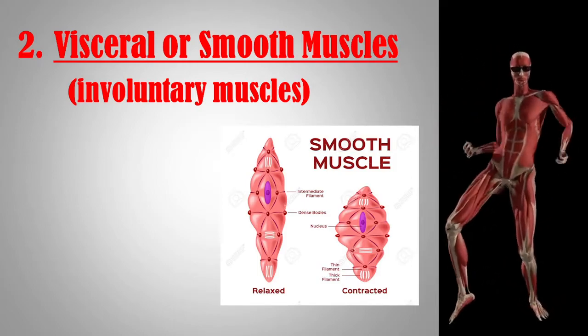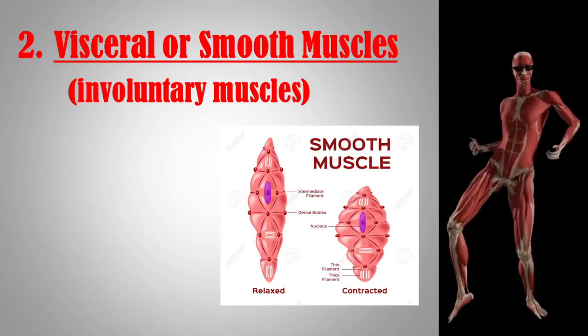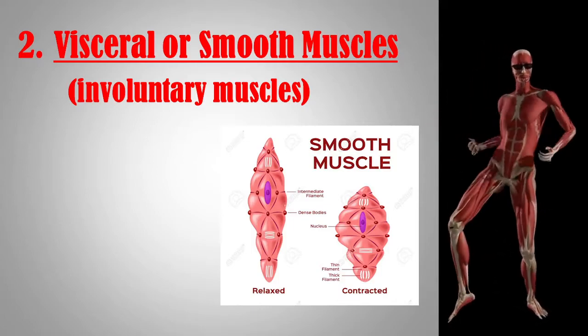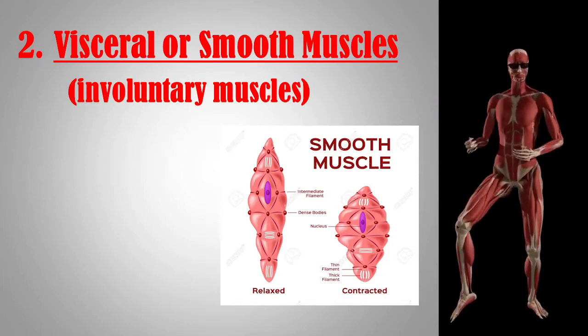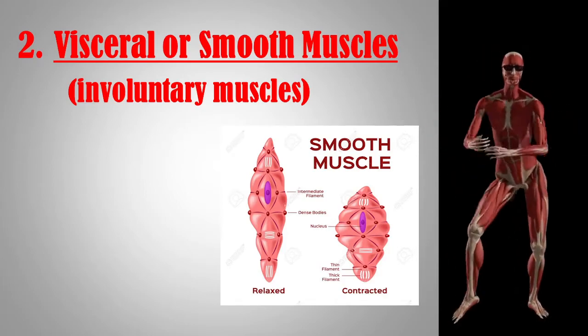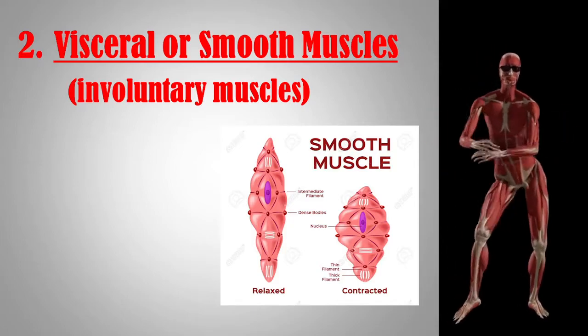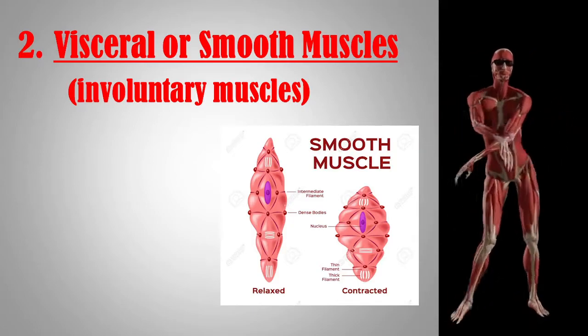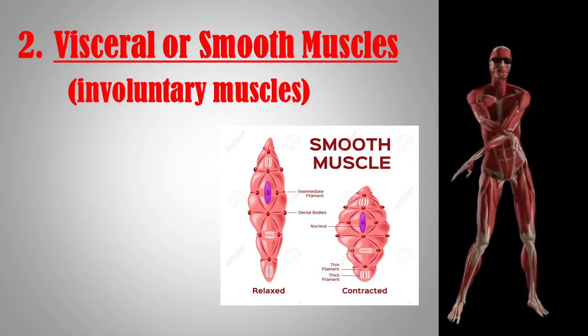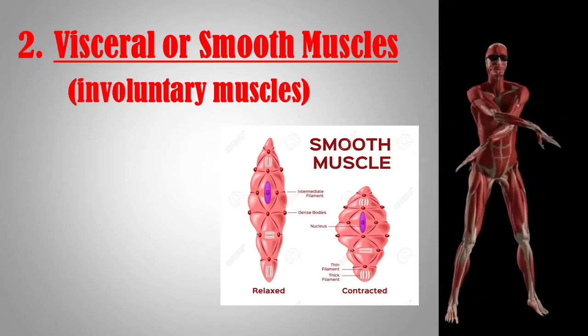These are the muscles found in our organs, like in our digestive tract, the esophagus. There's a movement called peristalsis that pushes food downward every time you swallow. So the esophagus will push the food downward into our stomach.